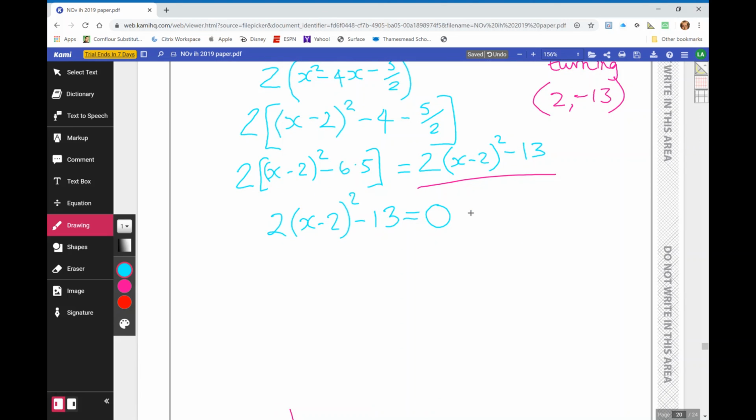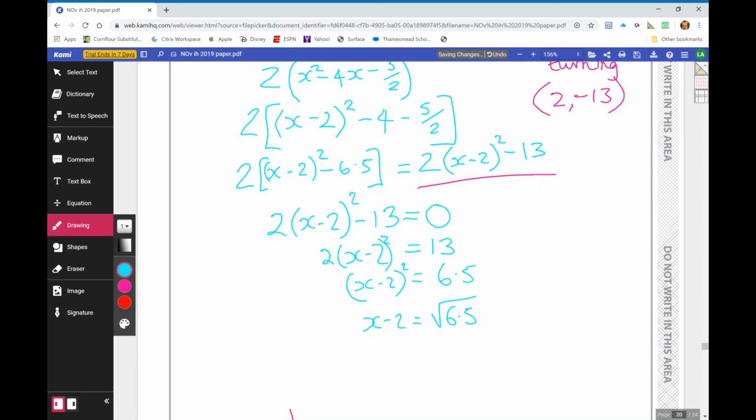Okay, so take the 13 over to the other side, so it's 13 there, 2 lots of x minus 2 squared, oops, so then you'd divide all by 2, 13 divided by 2 is 6.5, and then you'd square root it, square root of 6.5.